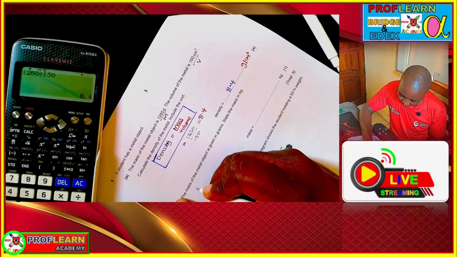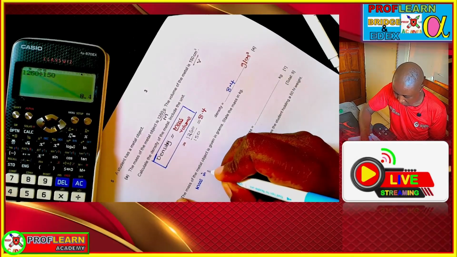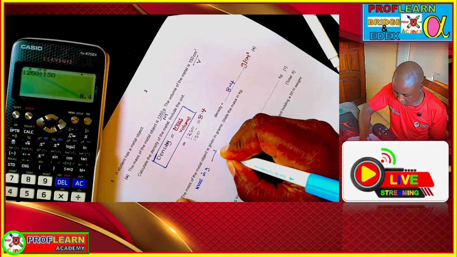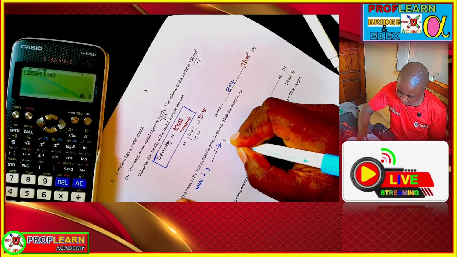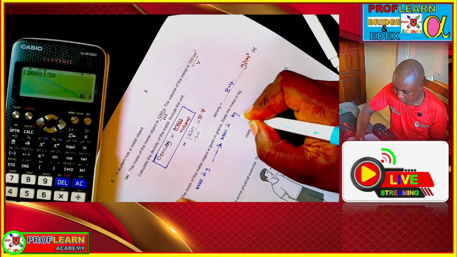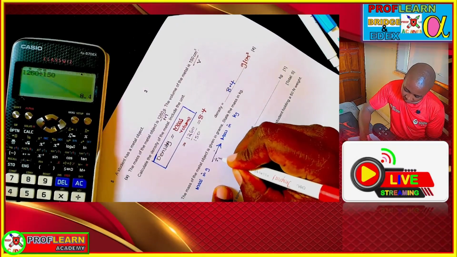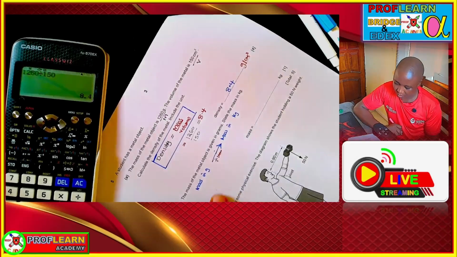If you are converting mass in grams to mass in kilograms, you need to use the value that you are given, just divide it by 1000.